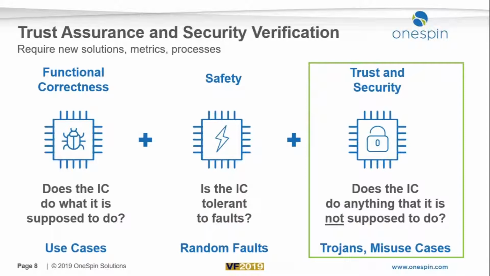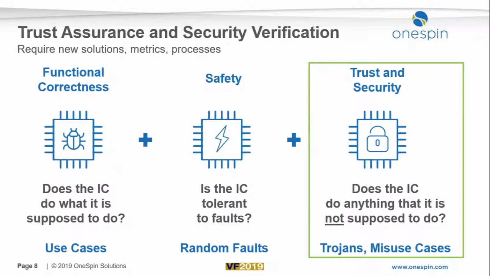For safety, the question is whether the IC behaves according to the standard in the presence of faults, which can corrupt the normal functionality, random faults. It's about understanding if the IC is tolerant to faults and meets the safety metrics for the specific application.